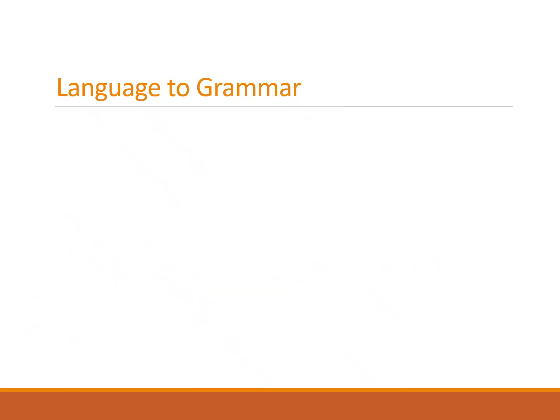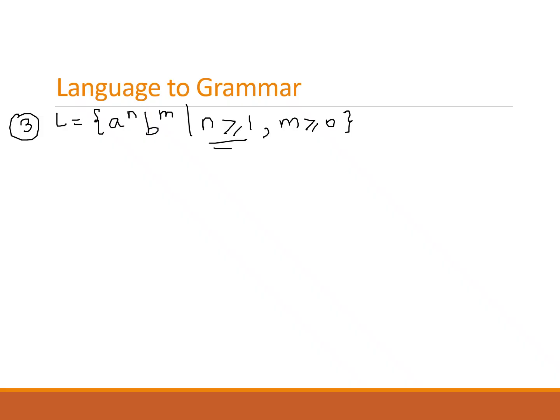Okay, so let us discuss the next example here. Now, let us try to combine the previous two and see how the next grammar can be generated. So this is the next language. Now, here we see that we need to have at least one A because A is governed by variable n, which should be greater than or equal to 1, which means at least one A is mandatory.